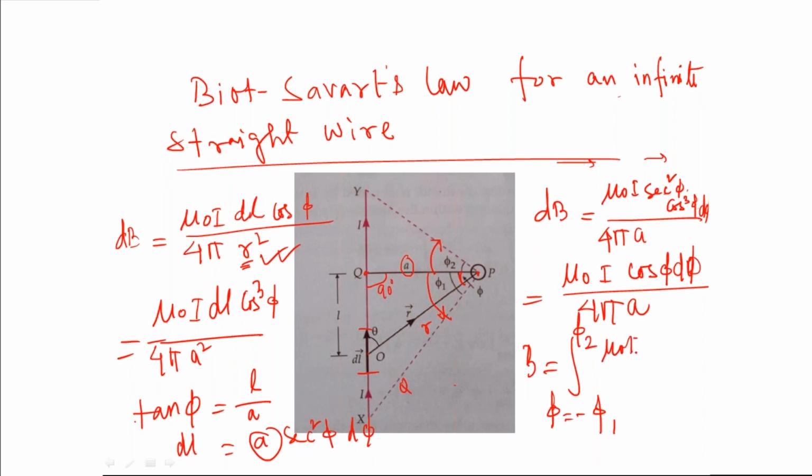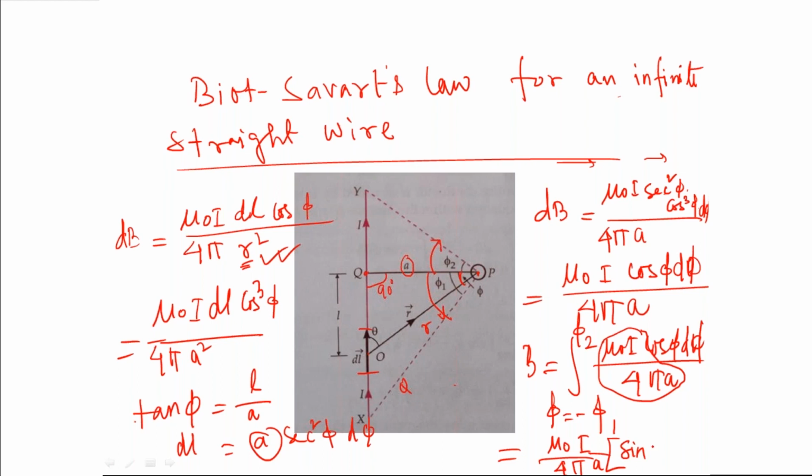These are constant terms, so I can take them out, and then if you do the integration, what you get is mu 0 by 4 pi a, and this will be sine of phi 1 plus sine of phi 2.